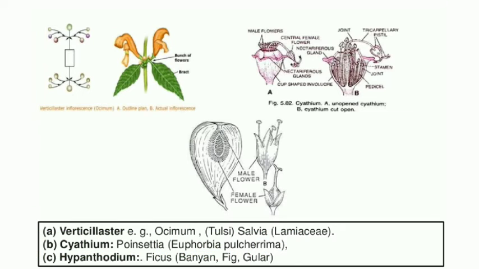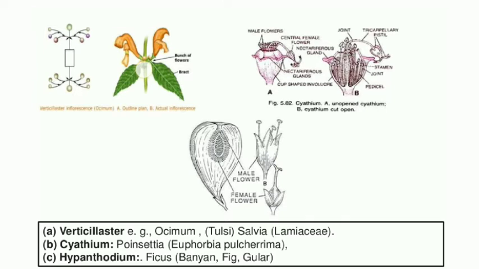Usually the flower has a pedicel, means stalk. But in case of Ocimum tulsi, salvia belonging to the family Lamiaceae, many sessile flowers, means flowers without stalk, without pedicel, originate at the nodal regions.